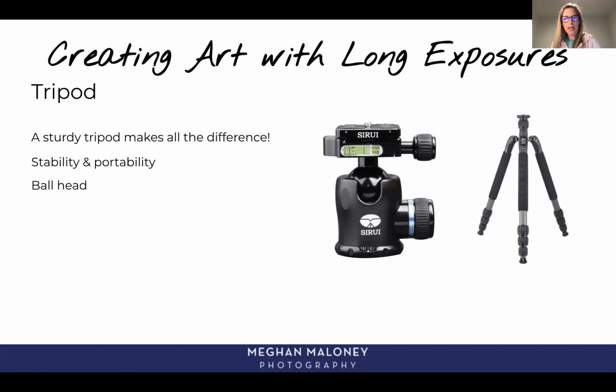But my best investment recently was getting an L bracket on my actual camera. What an L bracket does is it sits here to the side of your camera, so that when your camera's on the tripod, if you want to go vertical, you just take the whole thing off and put it on that way.